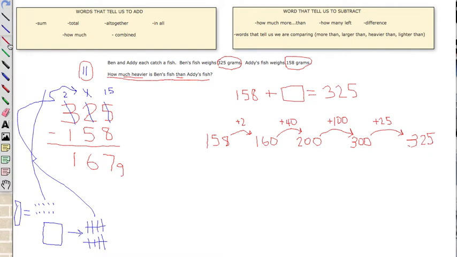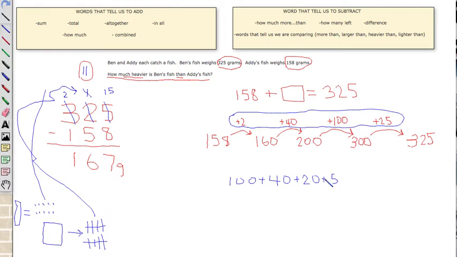So now what we need to do, boys and girls, is, you remember from one of our addition strategies, I need to take these numbers because this represents the total difference between 158 and 325. So I can take my 100 and I can add my 40 and I can add my 25, which I'm going to break right now into 20 plus 5.